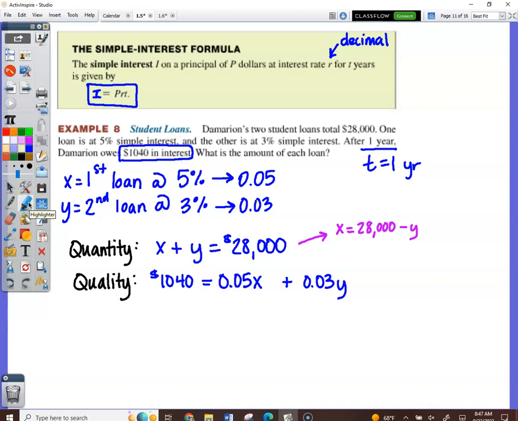So if x is 28,000 minus y, right here, where x is where you can plug it in. And now you have an equation with just y that you can solve.